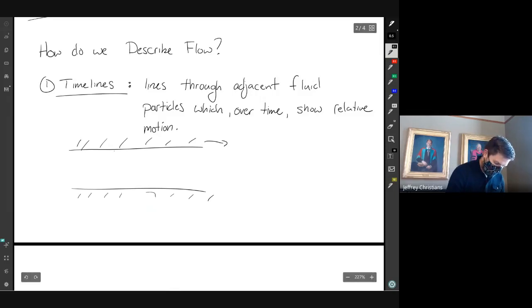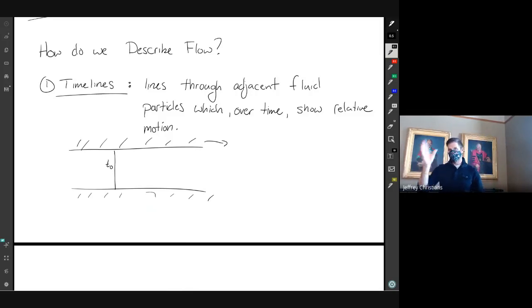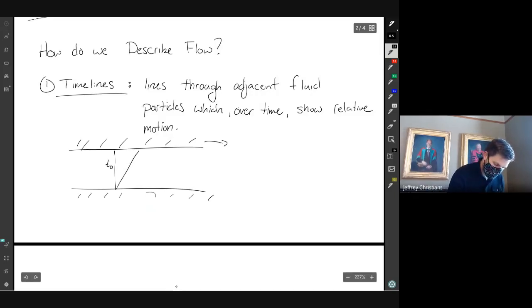If we had a timeline where, say, we started a line of some marker there, and then we watched what happened, we'd take a snapshot initially. After a little bit, the top has moved, the bottom still stayed still, so it would look like that.